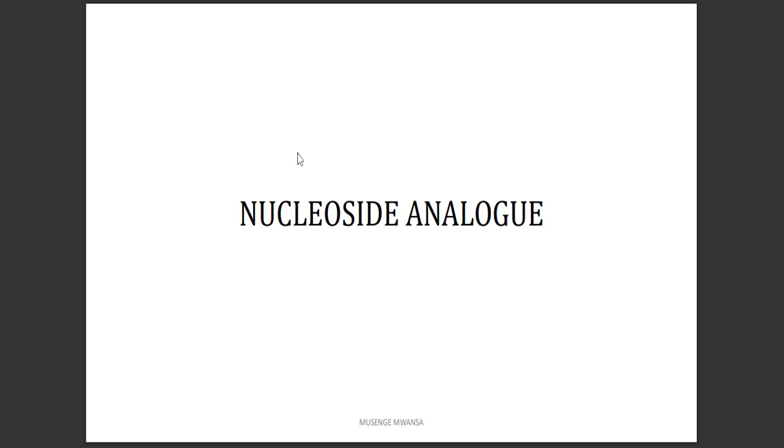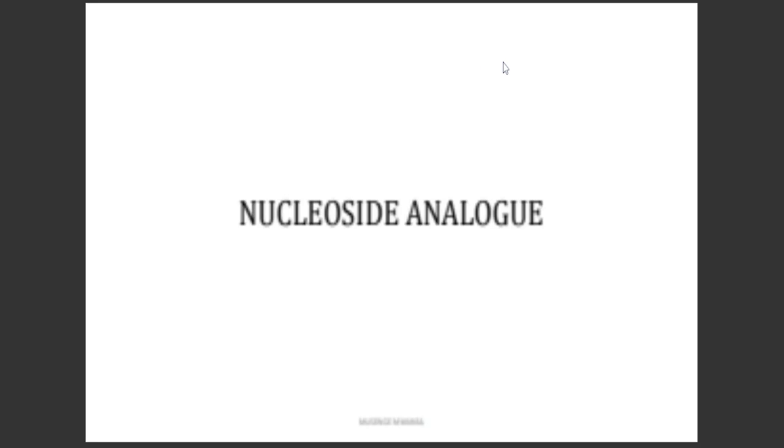Now, we have got structures which are called nucleoside analogues. What are nucleoside analogues? We know that a nucleoside itself is simply a structure that contains a pentose sugar and a nitrogenous base.